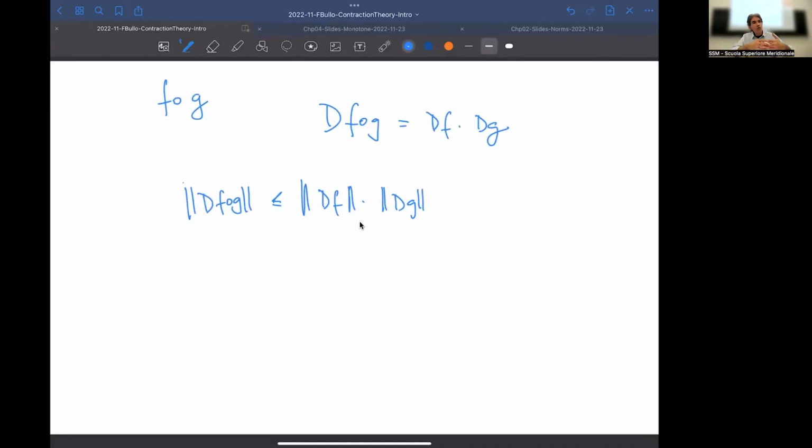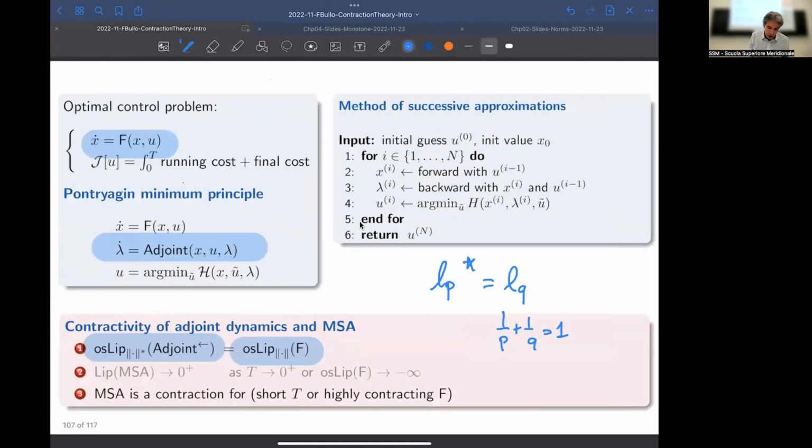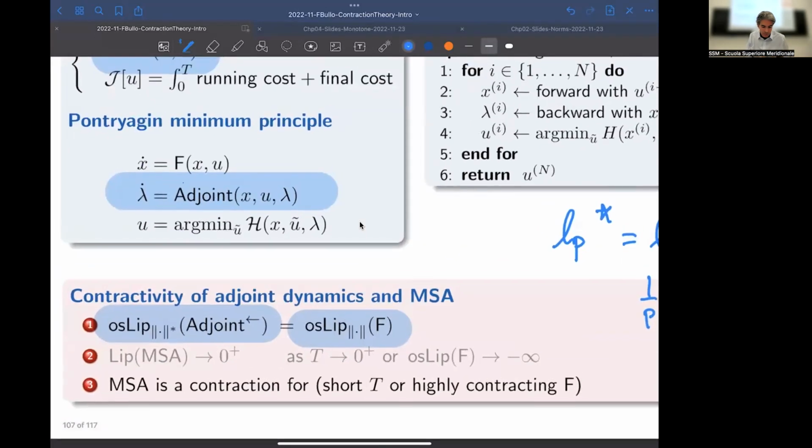And I've shown to you, you do 4 operations. You do forward, you map, backward, and from the trajectories, you update U. So there are 4 operations. You compose all of the Lipschitz constants, and you get a final Lipschitz constant, which has a certain property.